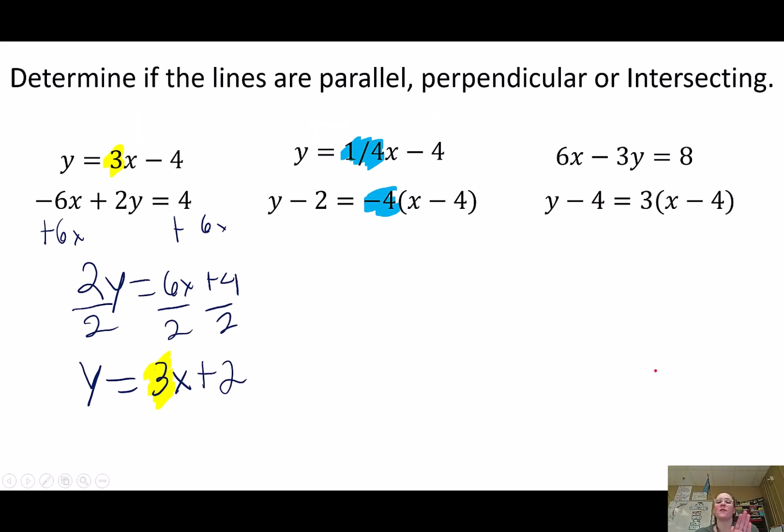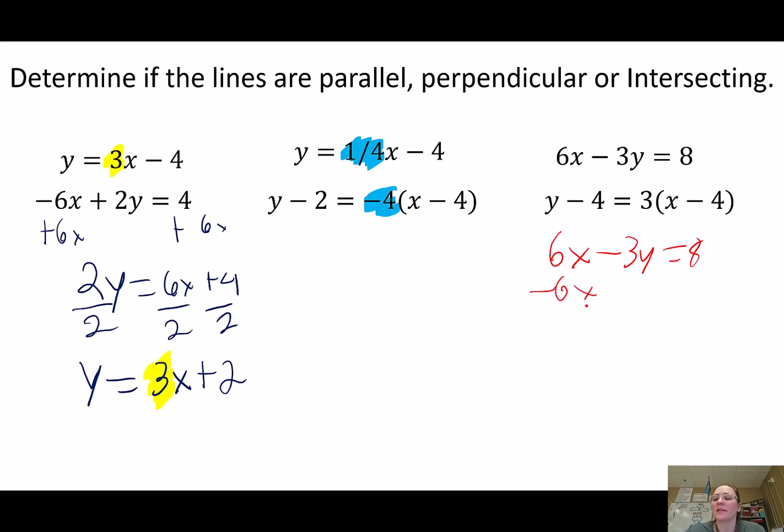Okay, so looking at this third and final example here, I've got 6x minus 3y equals 8, and y minus 4 equals 3 times x minus 4. Okay, so first one is in standard form, so I am going to have to rewrite that one. Second one is in point-slope form, so we can pick out our slope there. So let's take the 6x minus 3y equal to 8.